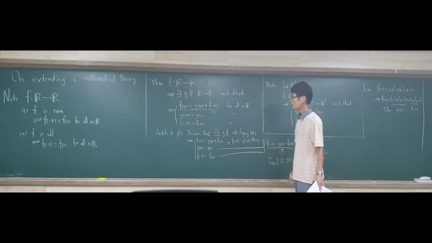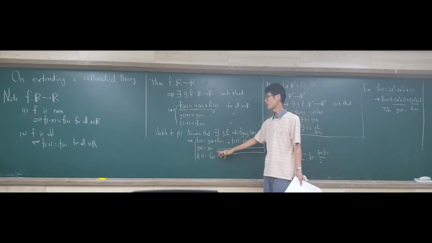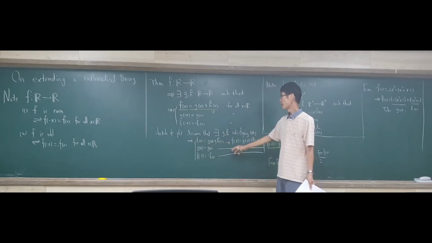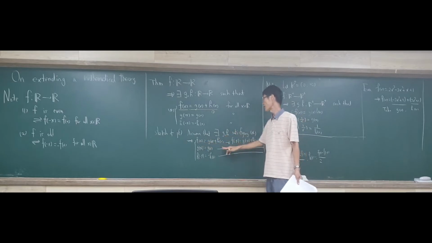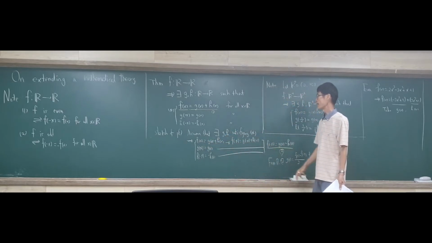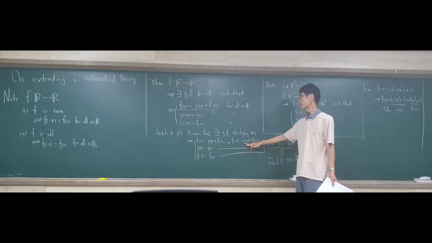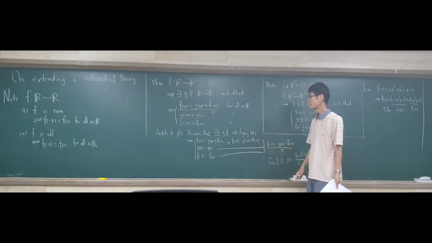So to combine the three given conditions, we replace x with negative of x in this equation. Then we can see that f of minus x is equal to g of minus x plus h of minus x.